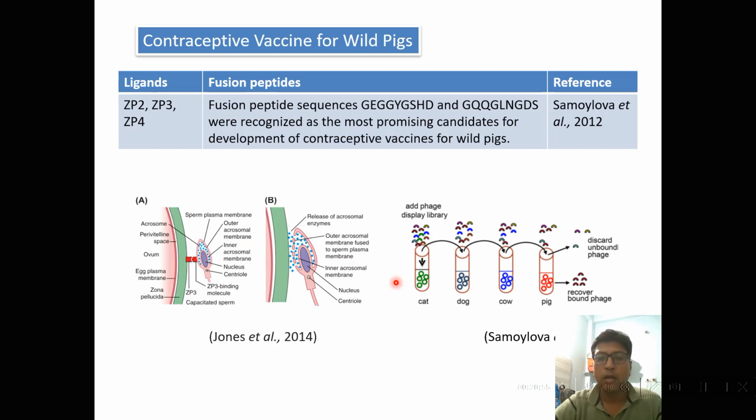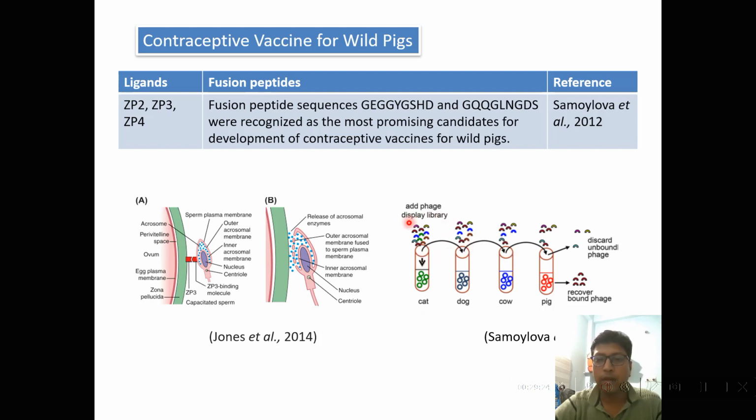What he did, he performed zona pellucida binding peptide screening, and he used different animals because he knew that the zona pellucida of cat, dog, cow, and pig are very similar. So he performed a peptide selection by using a negative selection technique.